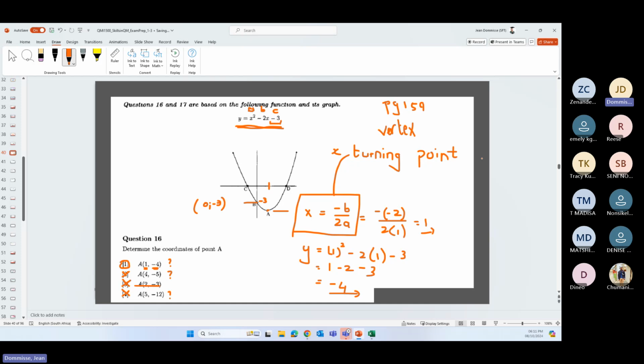They're talking about the discriminant and how to get to the x-intercepts. We will do that in question 17 of this, but it's all based on component 2.3 in your study guide around the quadratic function.